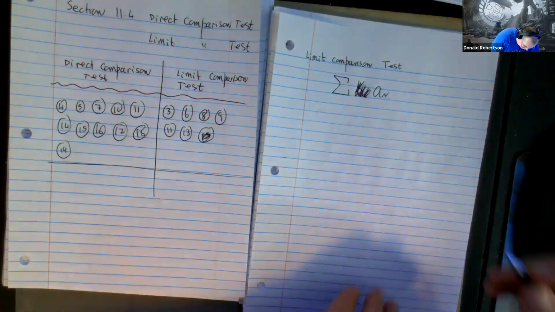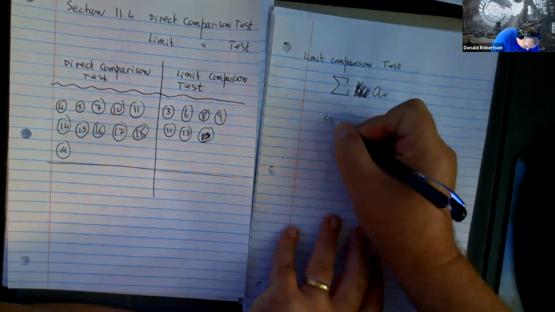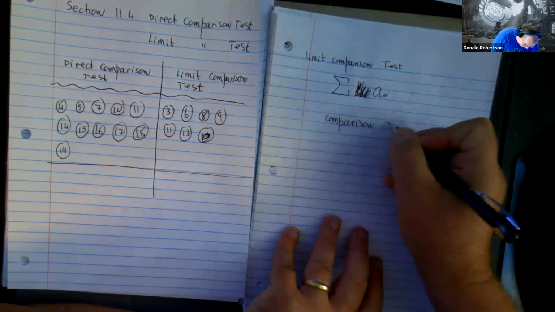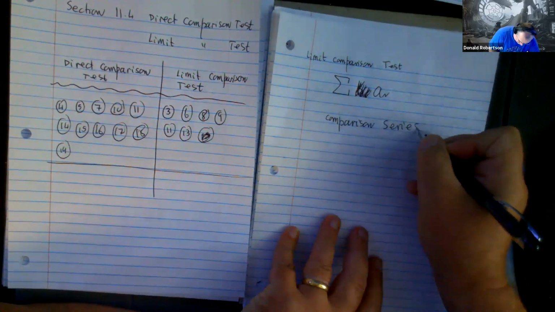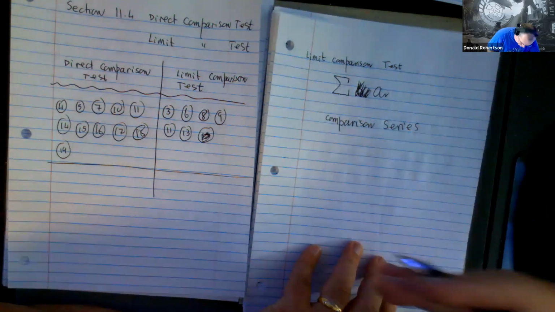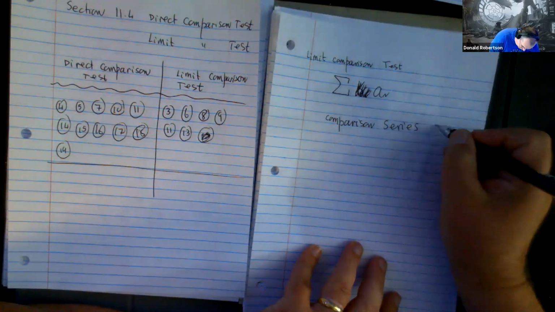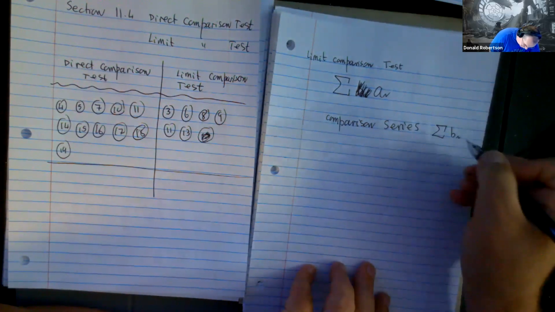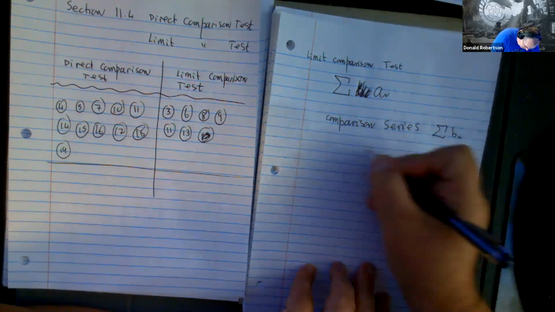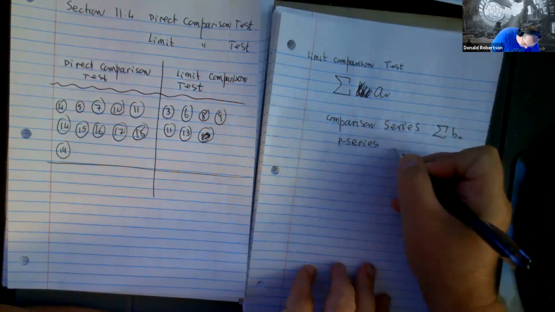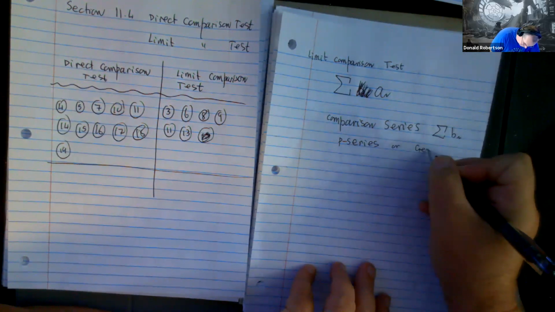Then what you do is you find a comparison series, which is basically a much simpler series that is equivalent, at least in structure, to the original, and we tend to call that sigma bn. This series tends to fall into two major groups. It's either going to be some p-series or it's going to be some geometric series.